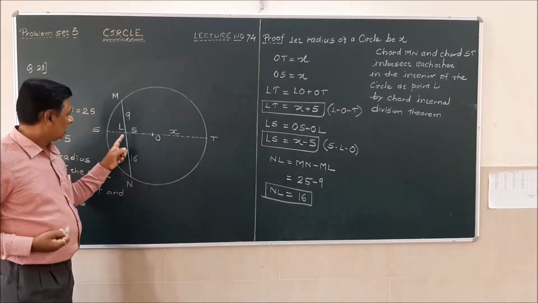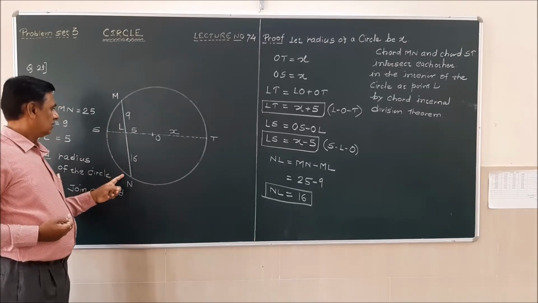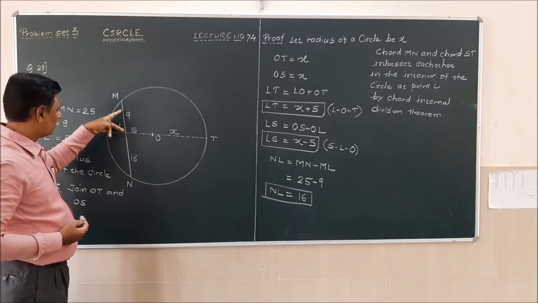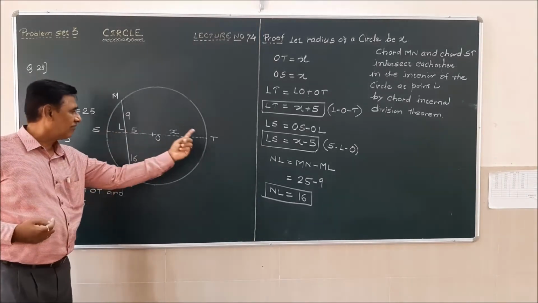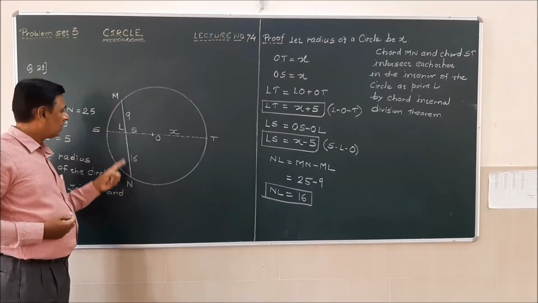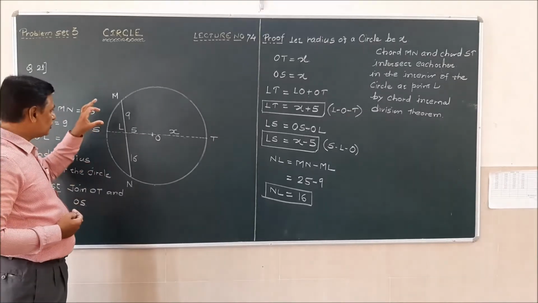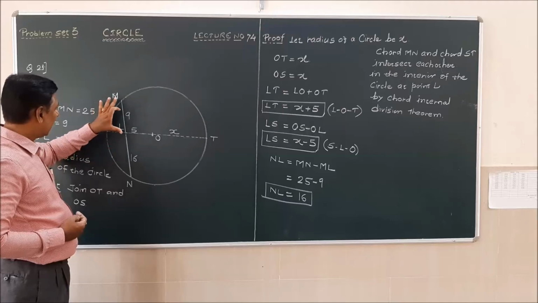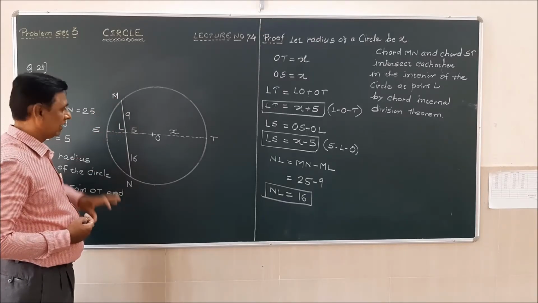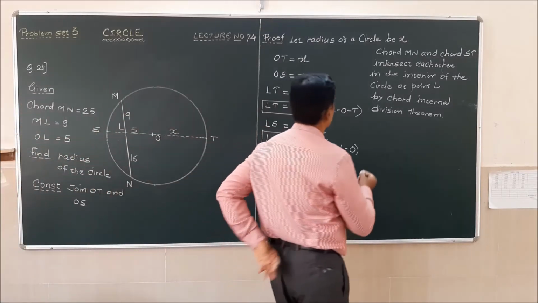Now you will find chord MN is divided into two parts, ML and LN, and the point of intersection of ST and MN is L. So I have to take the product of the parts of chord MN as ML into LN.